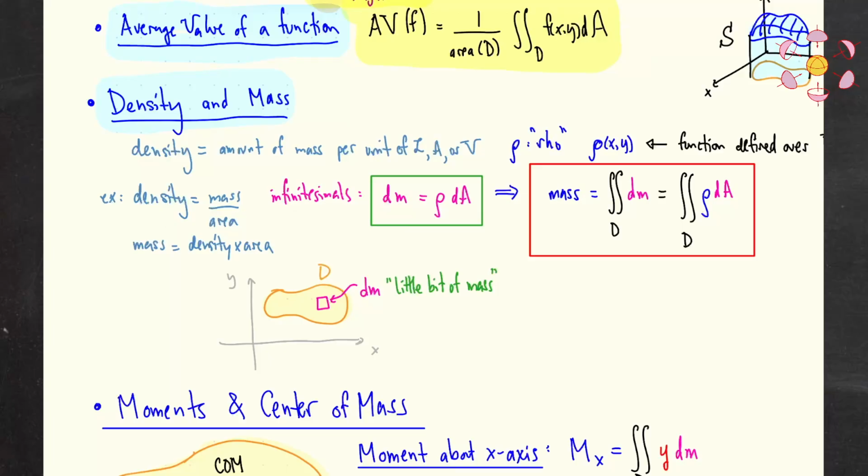Just for physics notation, let's review what density is. Physicists say it's the amount of mass per, and I jokingly say, per geometry. Why do I say that? Because it depends on the context.